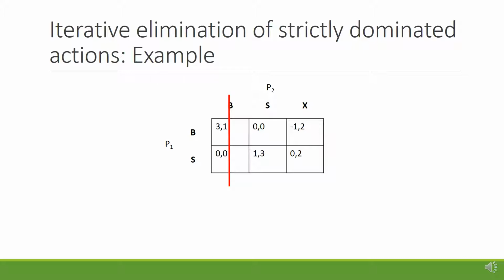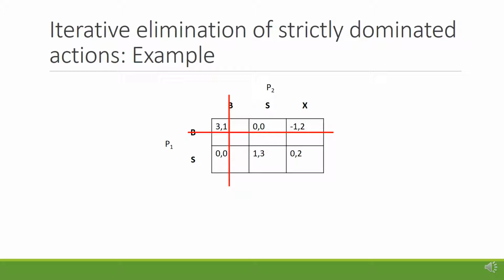Again, in this round, we look for any strategy that may be strictly dominated, and can you tell there is a strategy that I see here that is strictly dominated. If we look closely, we see that player 1's strategy B is strictly dominated by strategy S, because the payoffs 0 and -1 are always lower than the payoffs 1 and 0 by playing strategy S. So in the next round, we eliminate the second strictly dominated strategy, which is strategy B for player 1, and that's gone.